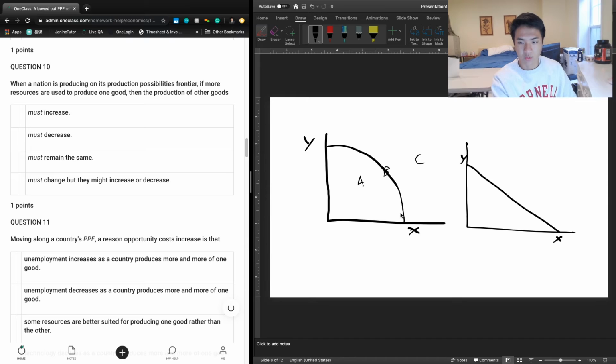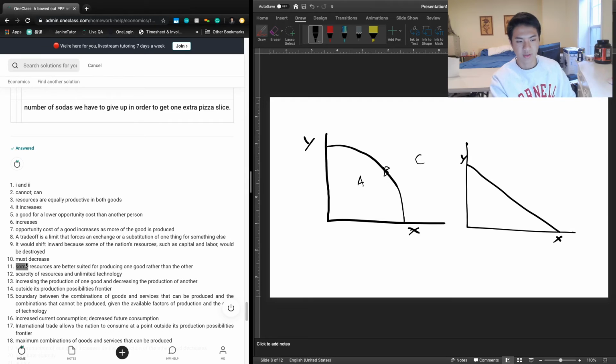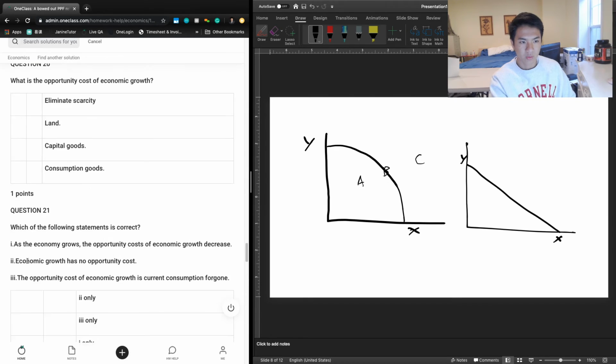So using more resources to produce good X means you have to take away resources from good Y. The rule is that if you're producing more of one good, then the production of the other good must decrease because you only have a limited amount of resources. So that's going to be must decrease. Question 10: yes, must decrease, and that's correct. Question 11.